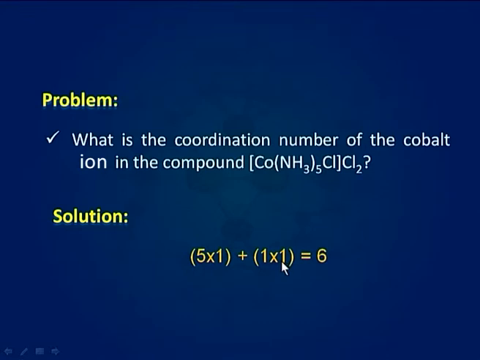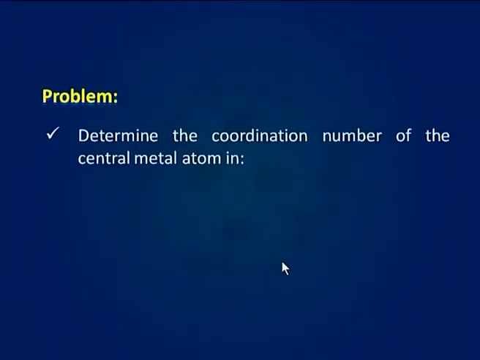If you have some polydentate ligands in the complex, then we can also calculate the coordination number. To understand that, there is another problem. You can have a look. Determine the coordination number of the central metal atom in Na4[Co(C2O4)3].